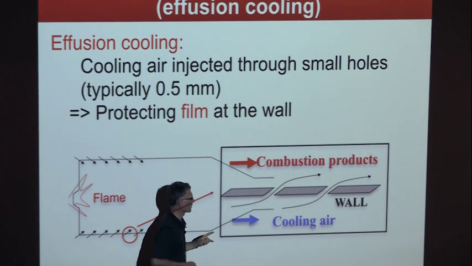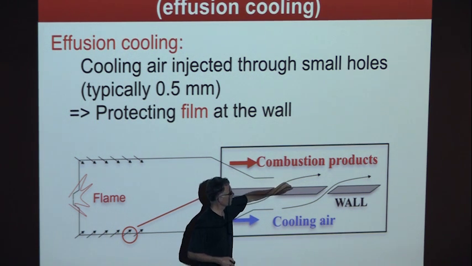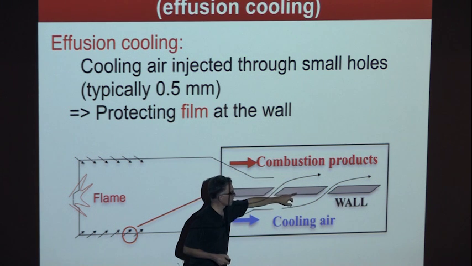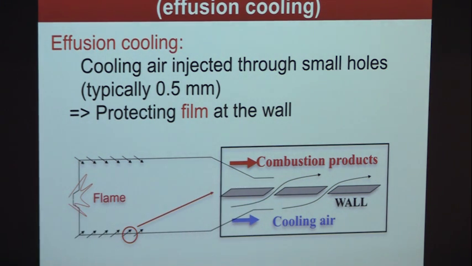And you realize that if one of these holes gets blocked, the film may be too thin, then the combustion products touch the wall and you're gone, okay? Which really means when you fly in an aircraft, your life depends on thousands of small holes like this, which protect the wall of your chamber from the combustion products. It's a scary idea.